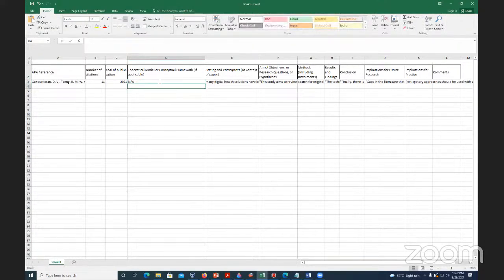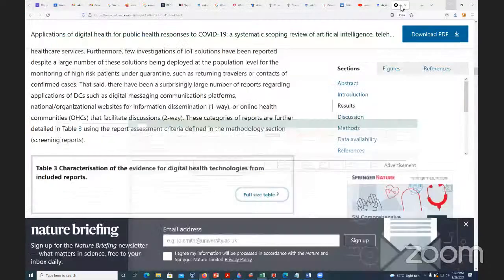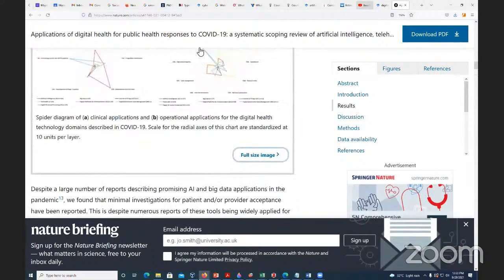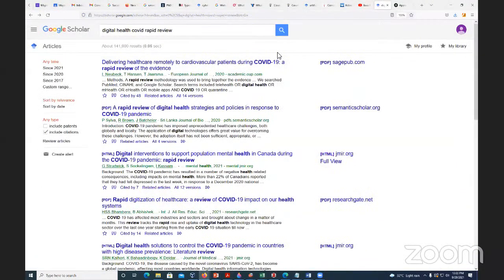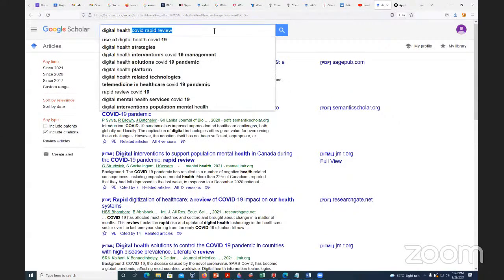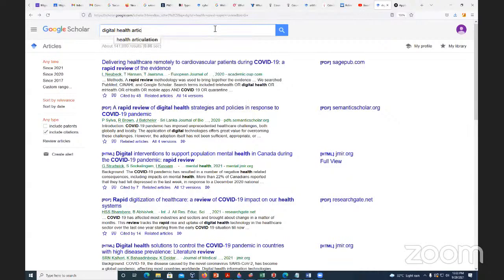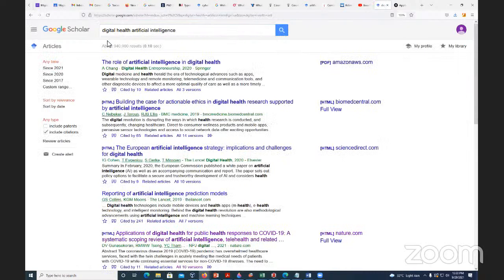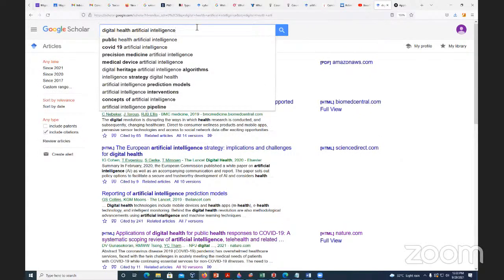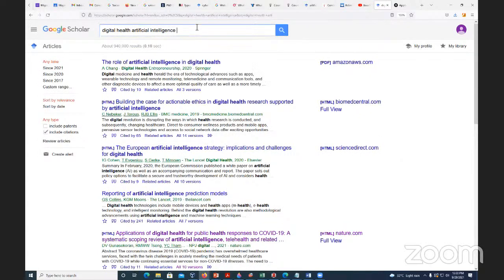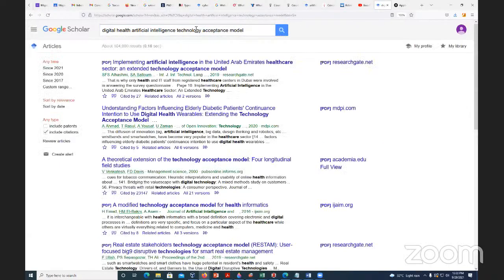So I wanted to show one more. Let's go back to this, and I just want to find a paper. I went with artificial intelligence. I'm actually going to look for a paper with a model, because I want to show a model so you can know what I mean by an example of a model.